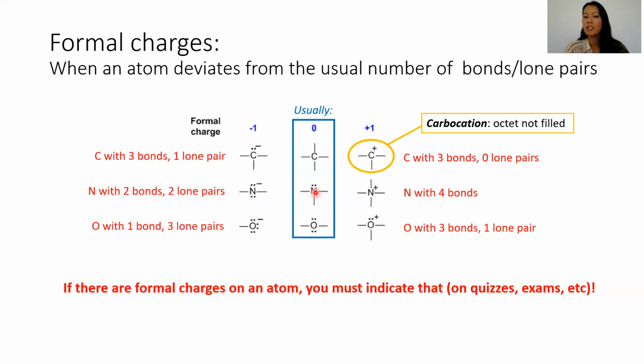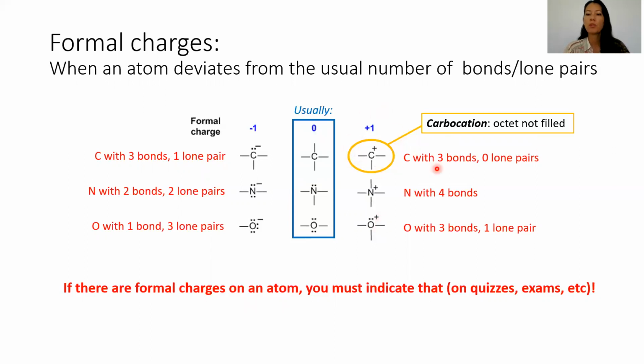If nitrogen shares its lone pair as a bond, it ends up with a plus charge. The other ones that are common are oxygen with 3 bonds and a lone pair. You'll calculate that. You'll see that all the time. Just get used to that. When you see oxygen with 3 bonds and a lone pair, +1 charge.